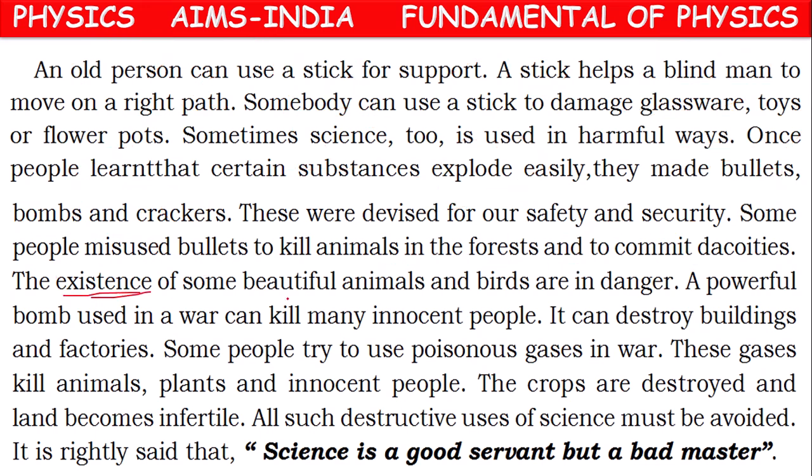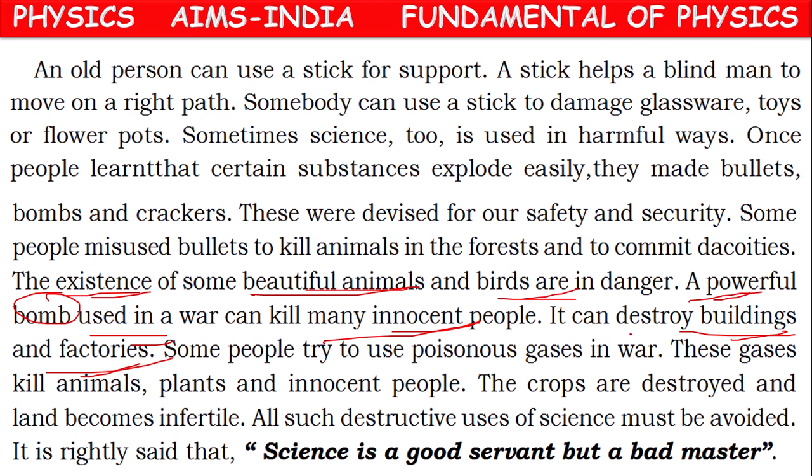The existence of some beautiful animals and birds is in danger, because we are killing them with bullets and arrows. A powerful bomb used in a war can kill many innocent people. It can destroy buildings, factories.